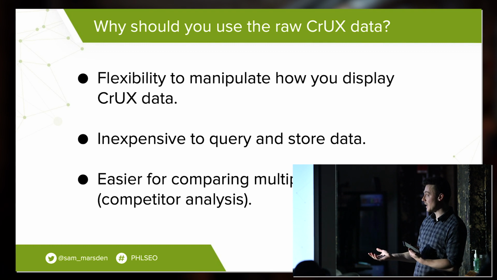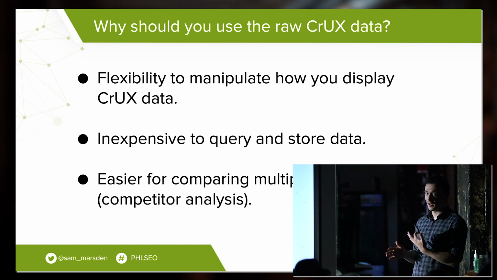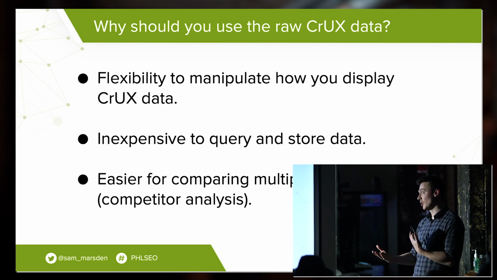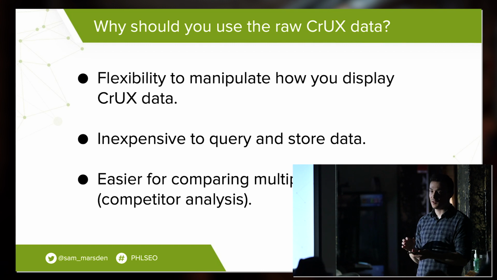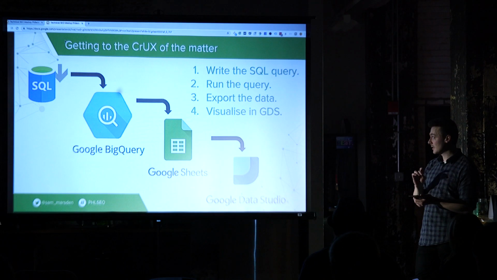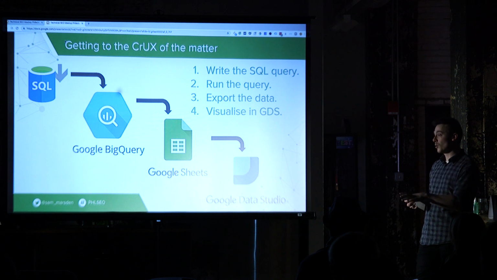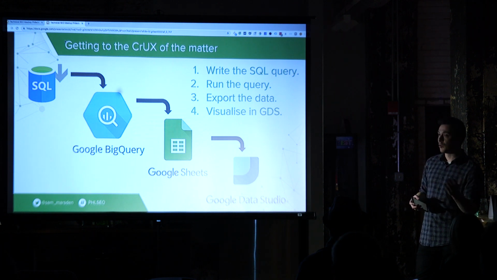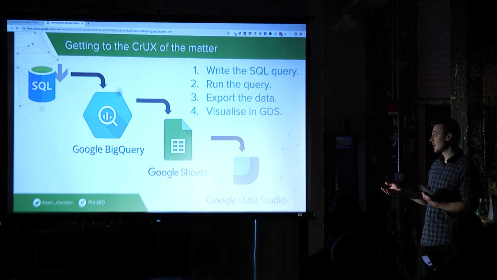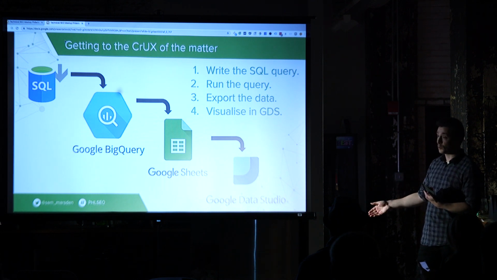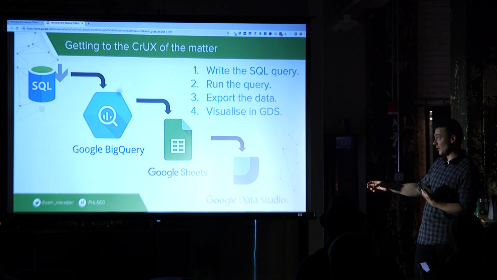It's relatively inexpensive, and the benefit is that it gives you a bit better ability for comparing multiple domains for the purposes of competitor analysis. So the way that you'd query this data is you'd write the query in SQL, run it against the Crux dataset, export it into Google Sheets, and then you can pull this through into Google Data Studio.